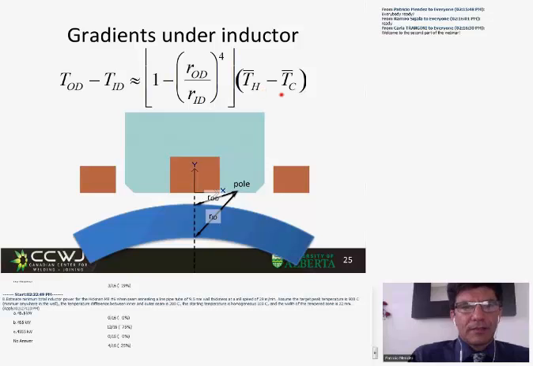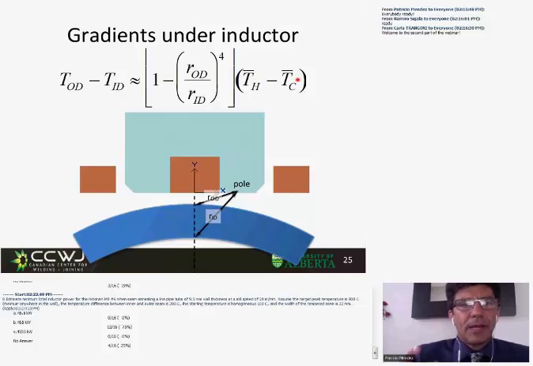But this formula, which we have already discussed with much better graphics in the online course, says that the temperature in the OD minus the temperature of the ID, this is the difference in temperatures between this point here outside and inside, is related to the average temperature coming out and the average temperature coming in.